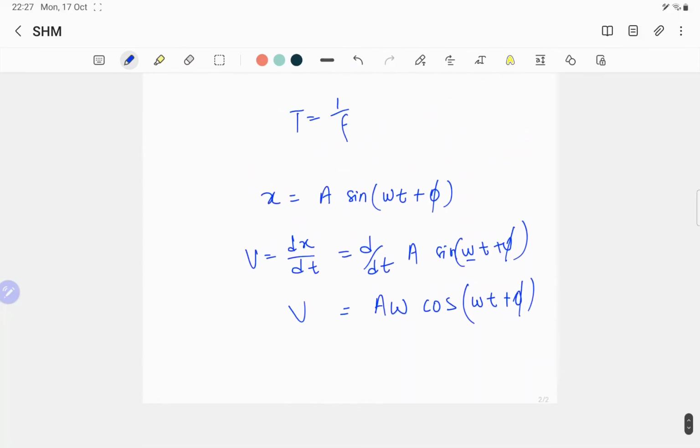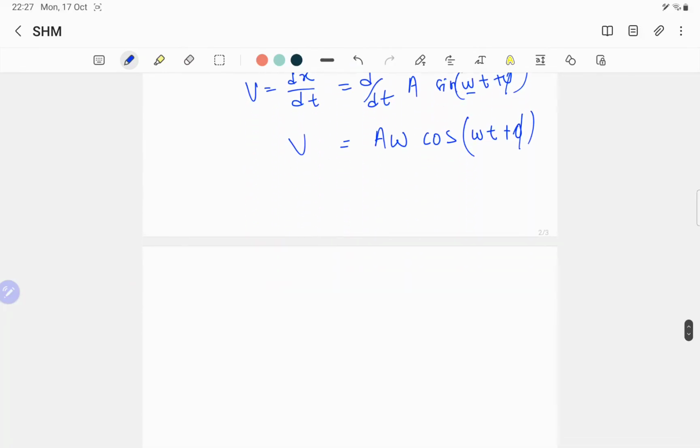And then for acceleration, acceleration will be equivalent to dv over dt, so you have to differentiate d over dt of A omega cos (omega t plus phi).